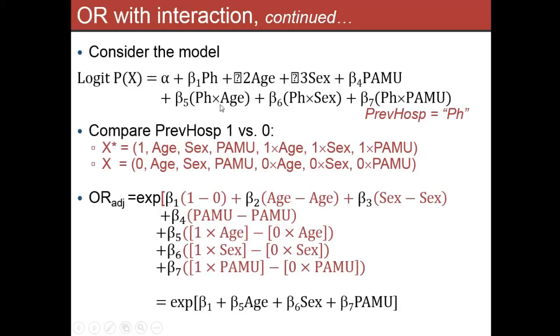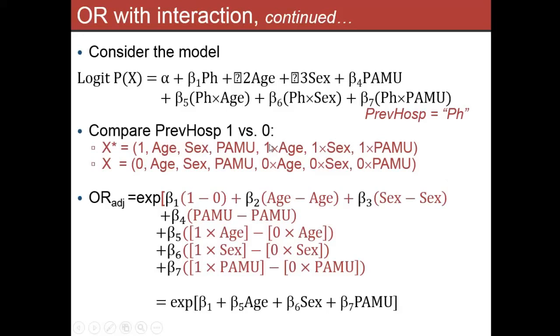And by the way, we now have three more terms that consider the interaction of the exposure with each of age, sex, and PAMU: previous hospitalization times age, times sex, and times PAMU. Okay, so this is a different model. It may be a terrible model, maybe too many terms. And we'll talk about how to figure out whether it's the right model.